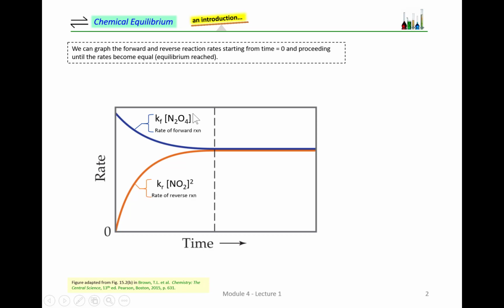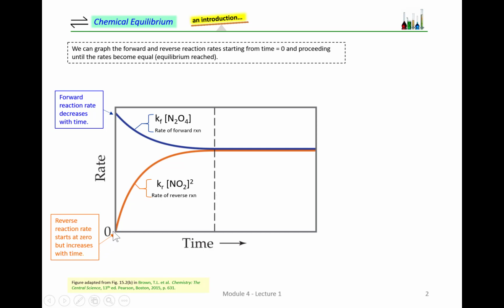And the rate of the reverse reaction is labeled in orange, and we said that was equal to Kr times NO2 concentration squared.